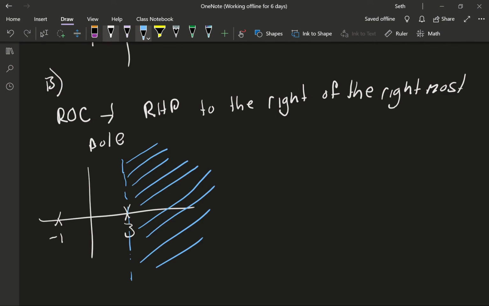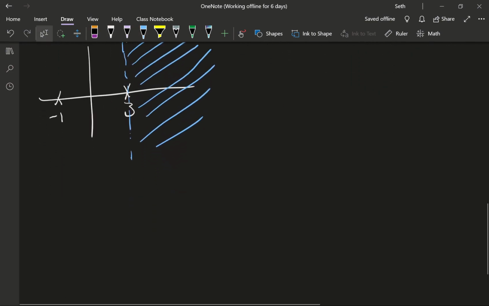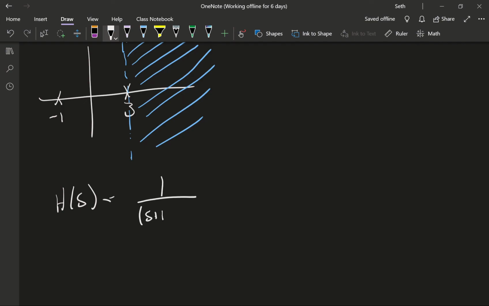So let's rewrite our transfer function. H(s) equals 1 over (s plus 1) times (s minus 3). We're trying to find the inverse Laplace transform, so we need to get this into something that we can look up on the table of transforms we've been given.